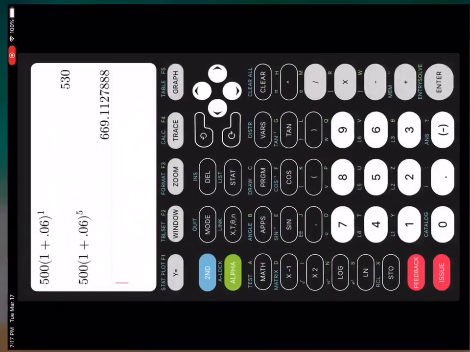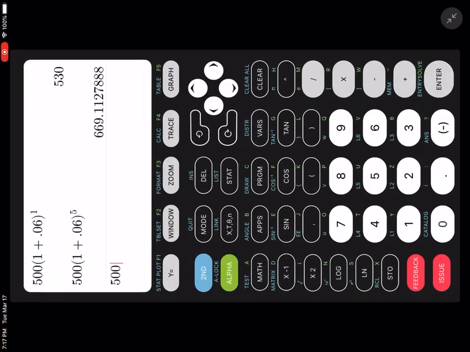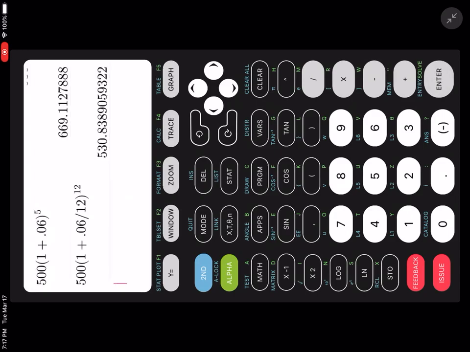So we go back to our calculator. 500 times 1 plus 0.06 divided by 12 raised to the 12 power. Okay, so although it's a year, the K value is 12, and K times 1 would be 12. So now we have $530.84, we'll round up.